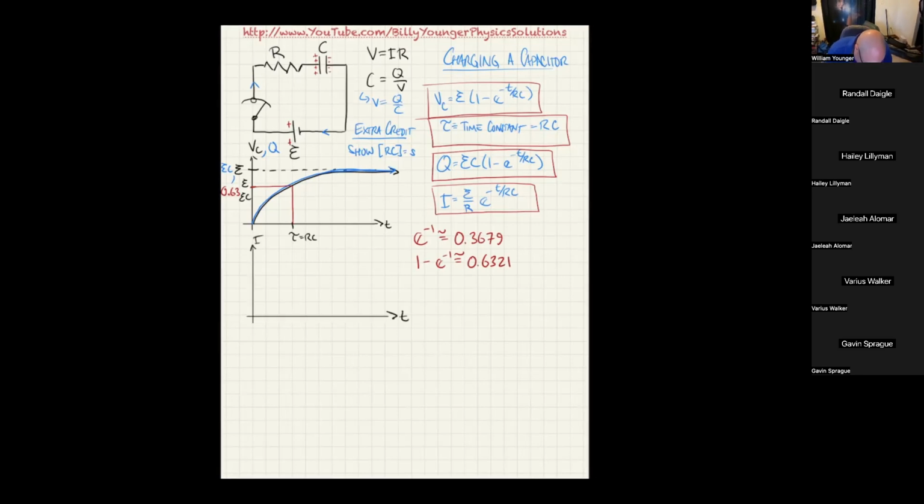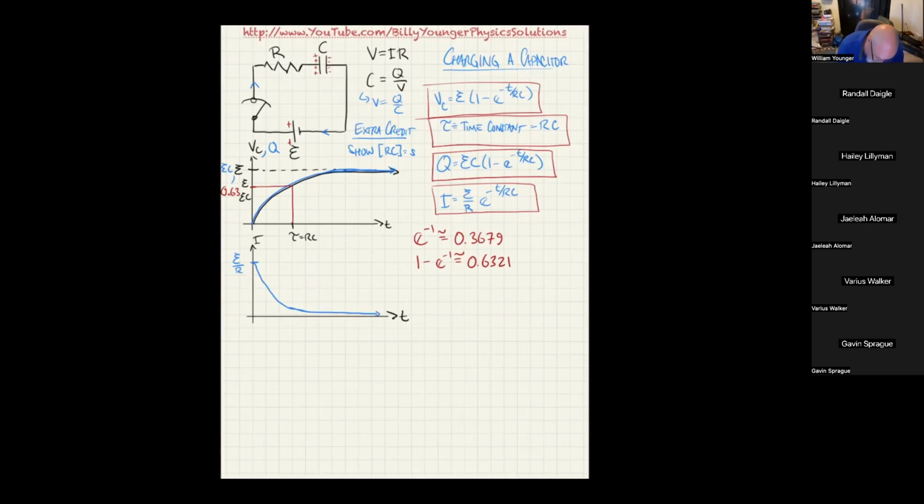This is I. Of course, in this case, it's not an asymptote, but it's actually going to start off at t equals 0 being just plain E over R. So this quantity right here is E over R, and it's going to drop down exponentially like this and sort of asymptotically approach 0.